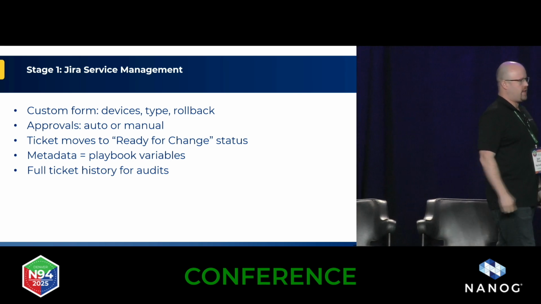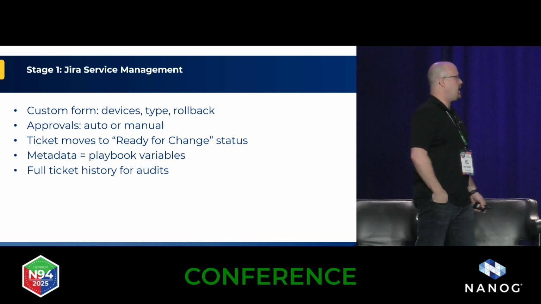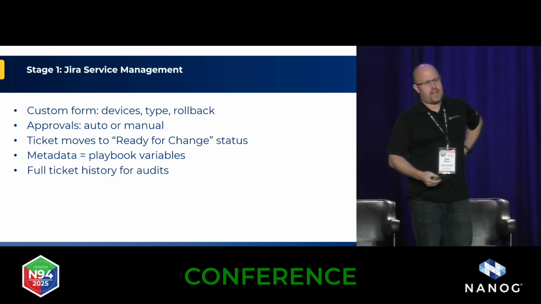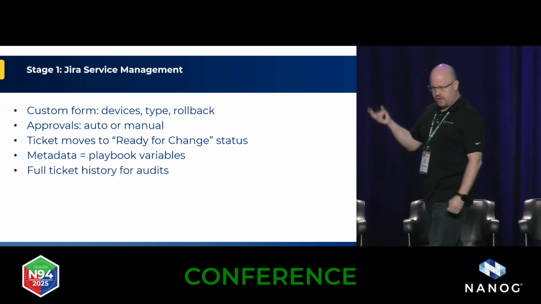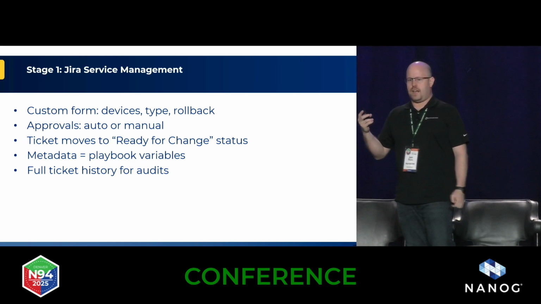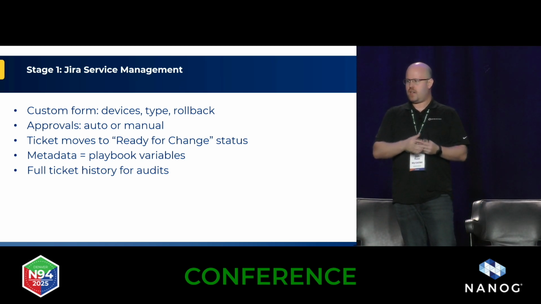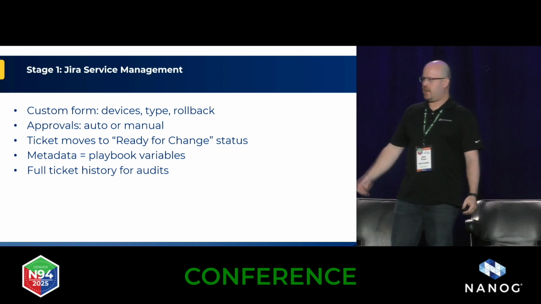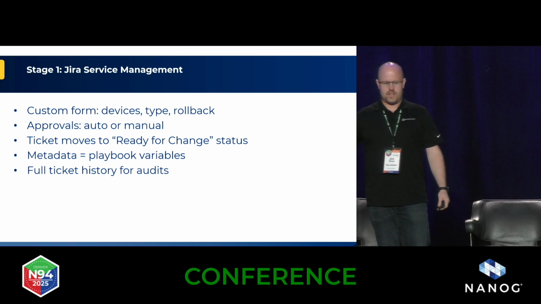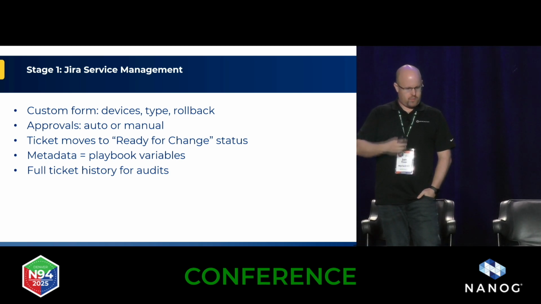Interesting thing about what I did here with Jira Service Management is I basically have a polling engine that runs every 5 minutes to look at Jira and say, okay, Jira, do you have a ticket that is in this Jira project in this status? No? Okay, I'll check back in 5 minutes. And after 5 minutes goes by, if it has a ticket in that status, it'll grab the information, grab the payload, and it'll move it.